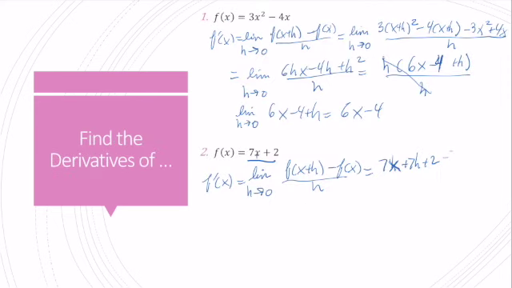Oops, so it's minus 7x minus 2, all over h. Well, my 7x's are going to cancel out, and my 2's are going to cancel out. So I have the limit as h goes to 0 of 7h over h. Well, these h's are going to cancel, so I'm left with 7.